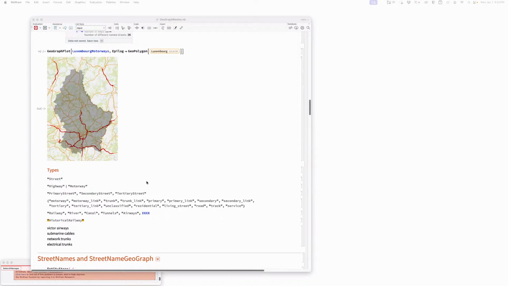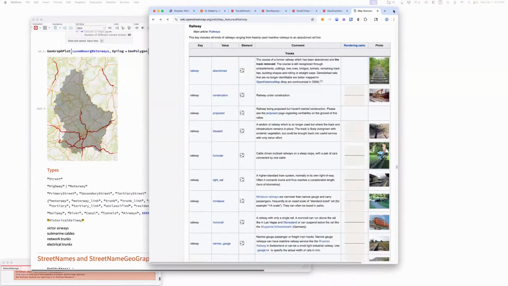So, in the link I sent to you, there are, as I told you, multiple. So it's basically keys and values, right? So highways has a lot of values, aerial way has a lot of values, etc. Yes.